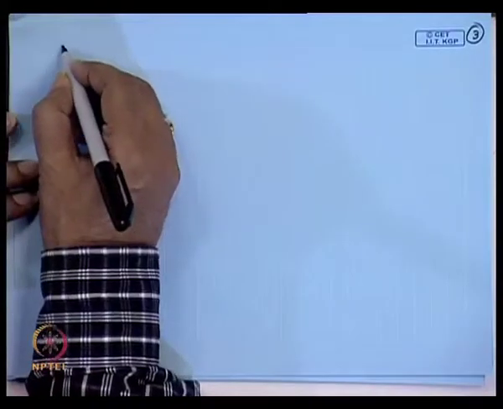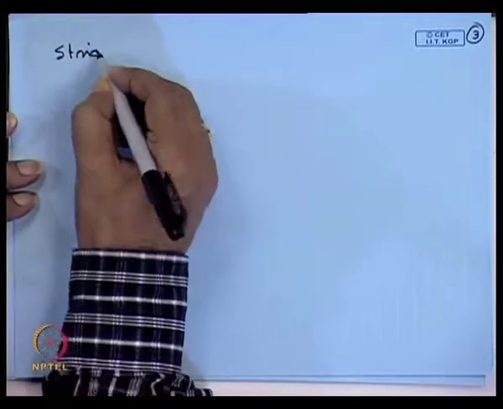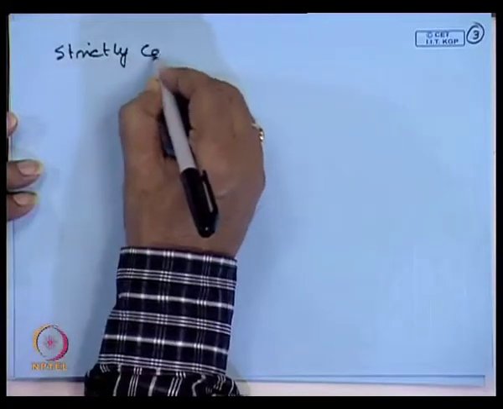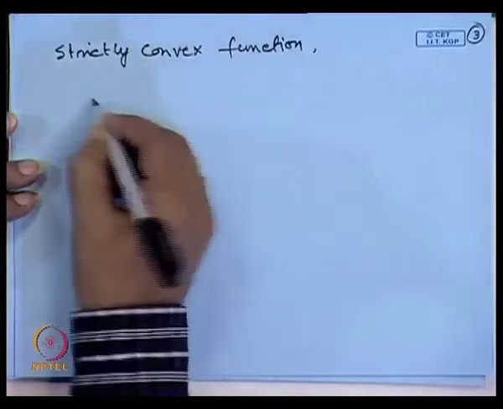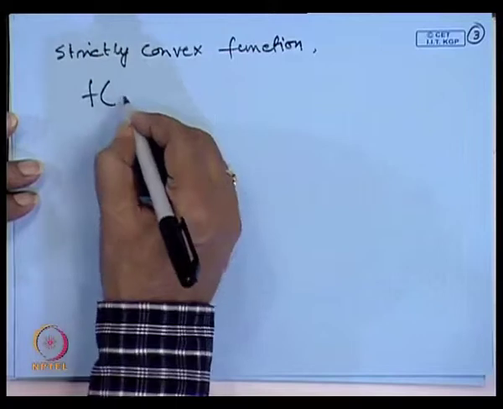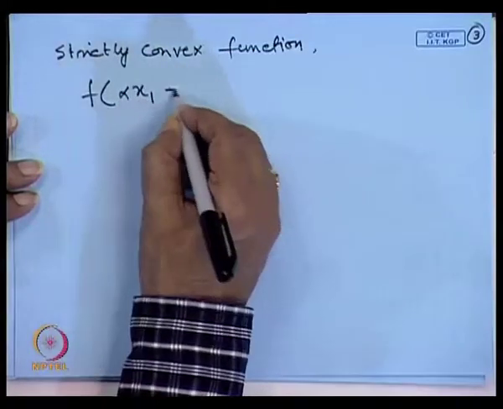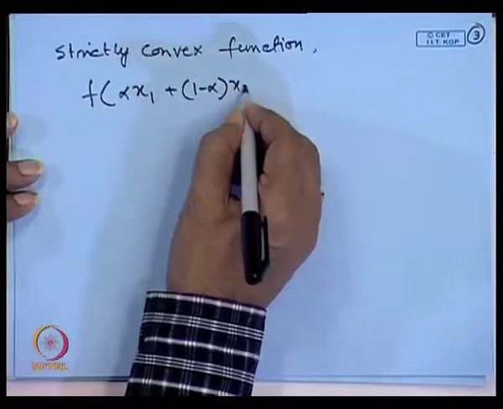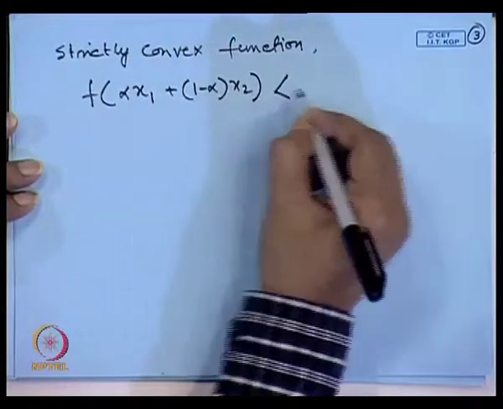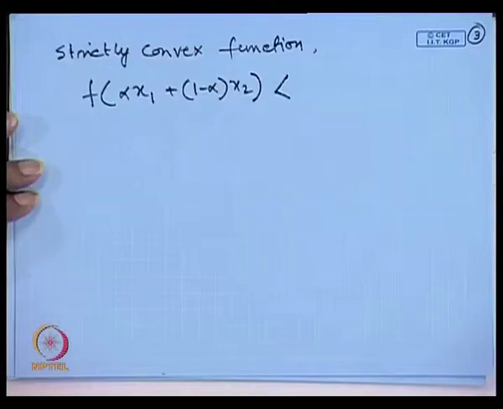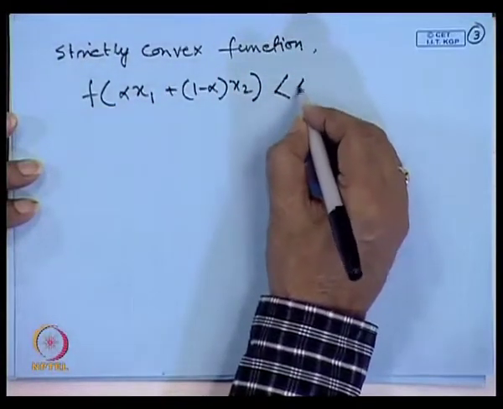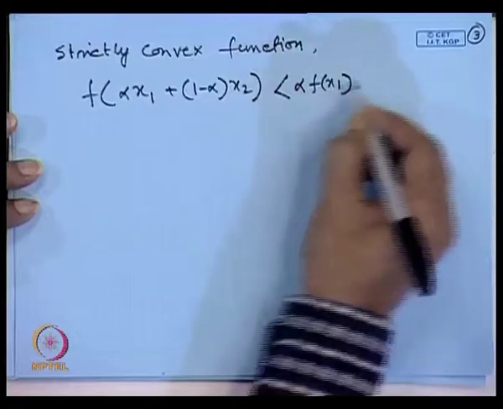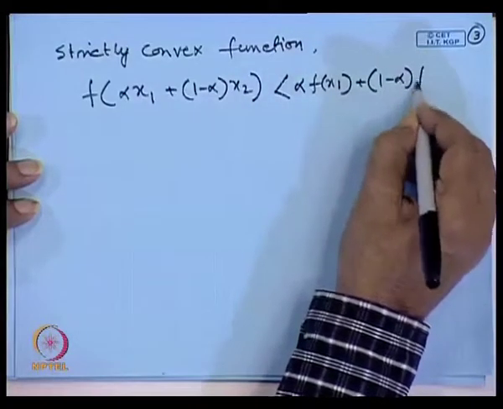And it is a strictly convex function when this condition is satisfied: f of alpha into x 1 plus 1 minus alpha into x 2 is strictly less than, not less than or equal to. Previously, it was less than or equal to for a convex function. Now, I am telling it is strictly convex if this function value is less than alpha into f of x 1 plus 1 minus alpha into f of x 2.